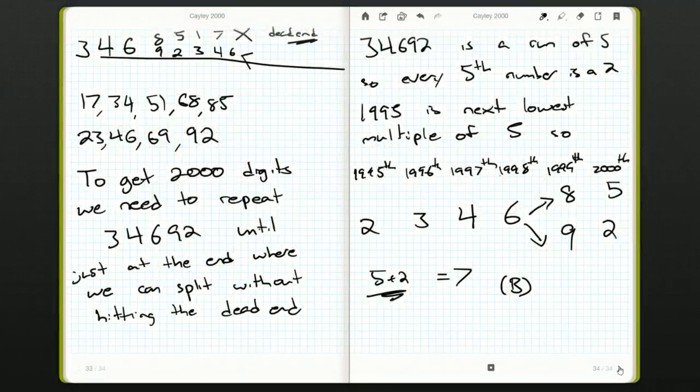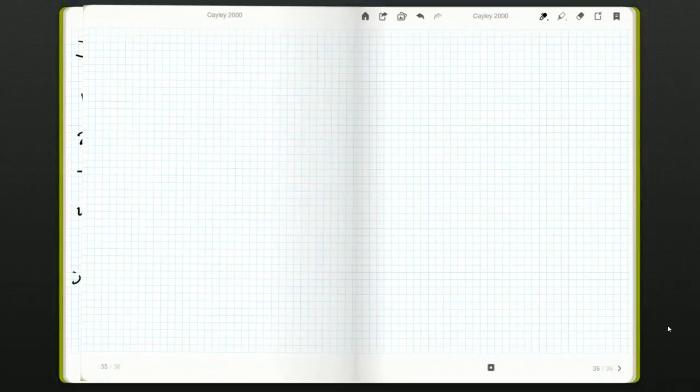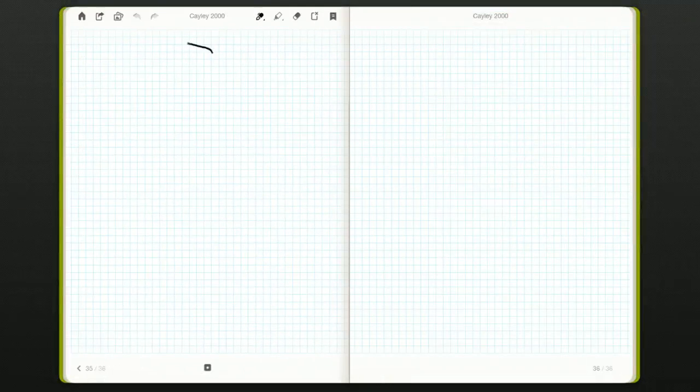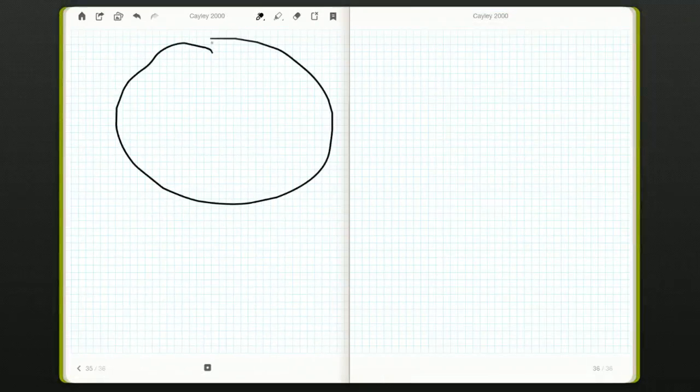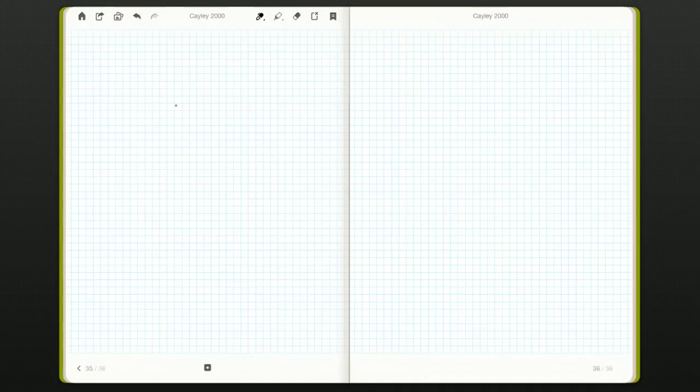Let's get ourselves our pen and a brand new sheet of paper. And we'll draw ourselves a picture. You know what? That is a horrible, horrible circle, and I feel terrible for it. Let's see if we can do a little better. Still kind of oblong, but whatever, we'll roll with it.